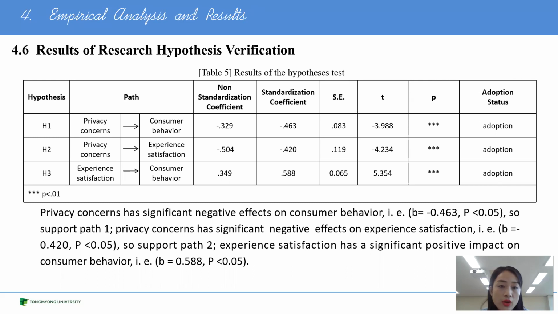6. Results of research hypothesis verification. The results of research hypothesis verification are shown in Table 5 and Table 6.